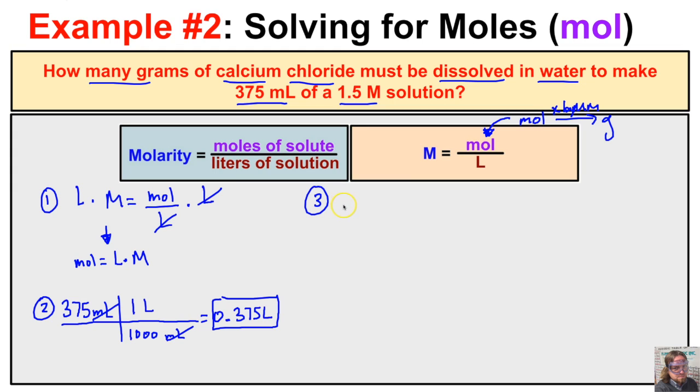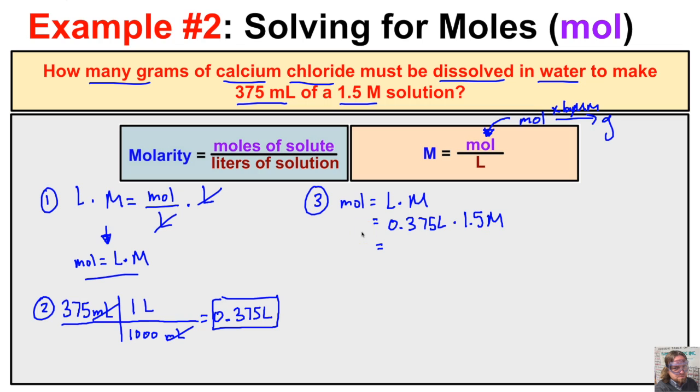Right? So to get the number of moles, like we said right here, we're simply going to take the liters of solution times the molarity. And so we figured out that there's 0.375 liters of this solution, and its molarity is 1.5 moles per liter.